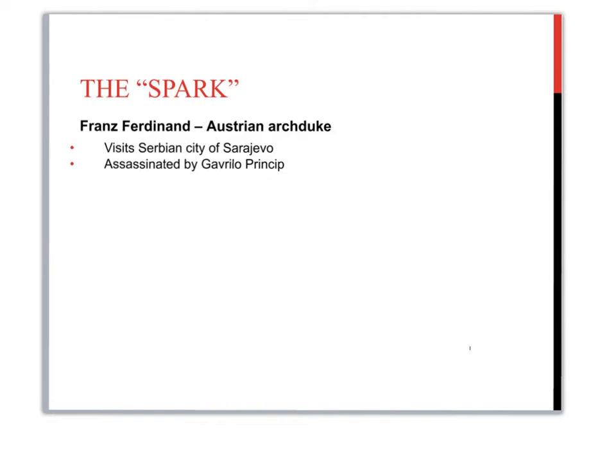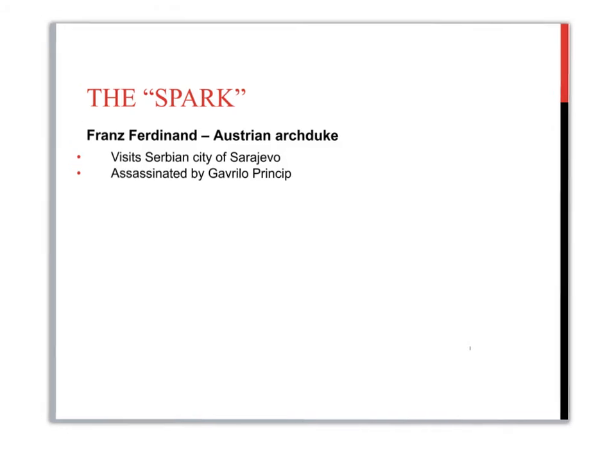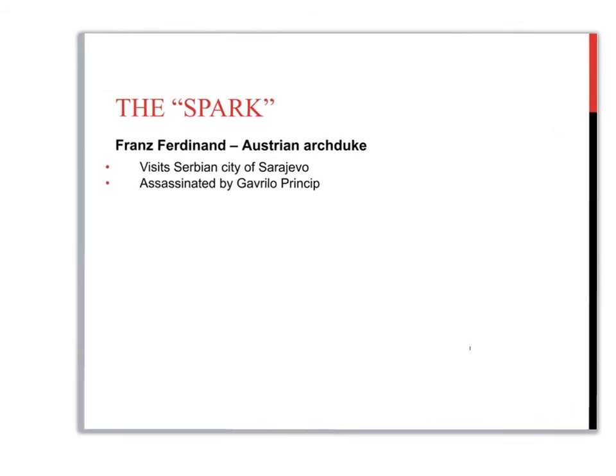Okay, now there are several things that we need to understand. One is that Serbia was an independent country, so when Franz Ferdinand is assassinated, the Austrians are going to be pretty upset about this. We need to understand that the Austrian emperor was a very old man.